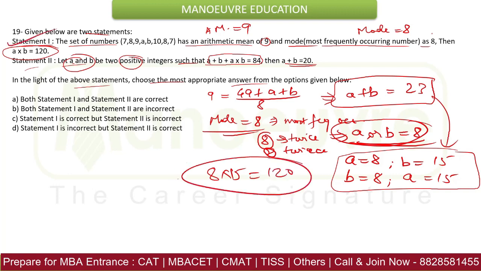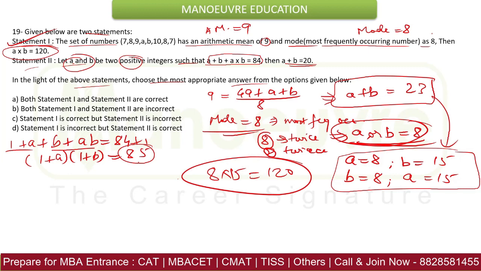Now statement 2, A and B are two positive integers. So A plus B plus AB is equal to 84. If I add 1 over here, taking 1 common, it will be 1 plus A into 1 plus B, which will be equal to 85.